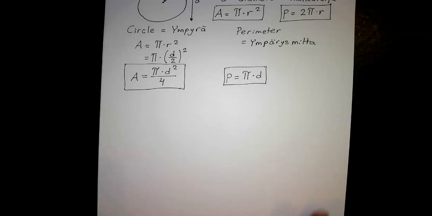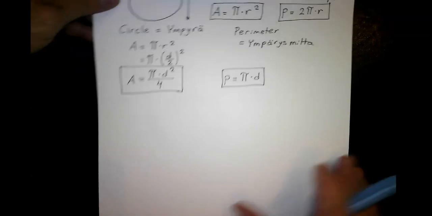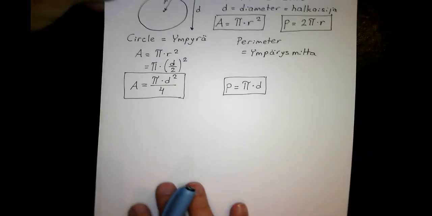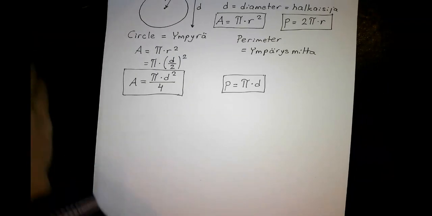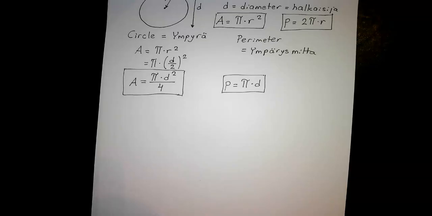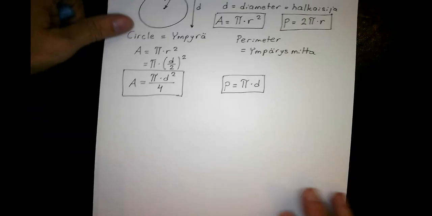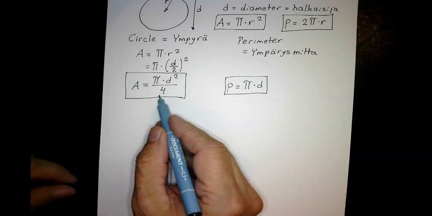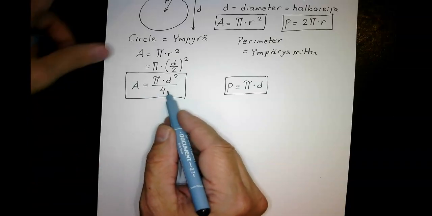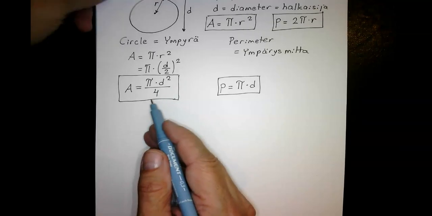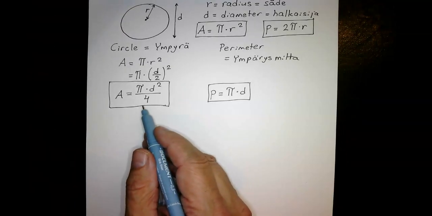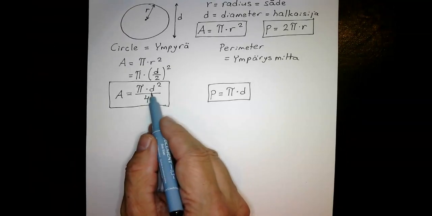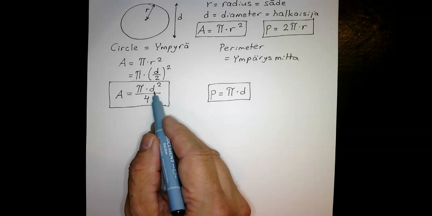Okay, let's continue. I will take an example here concerning the formula we wrote before the break, the formula for the area of a circle when using diameter.